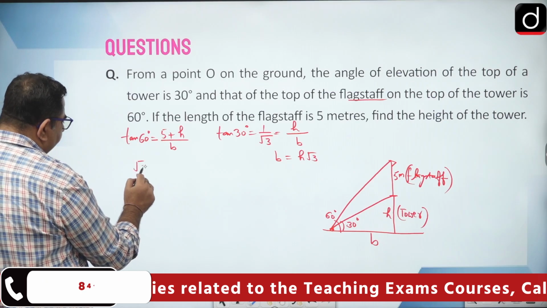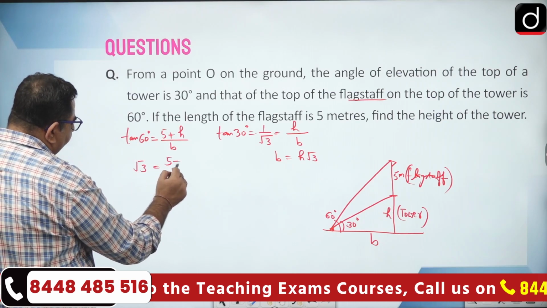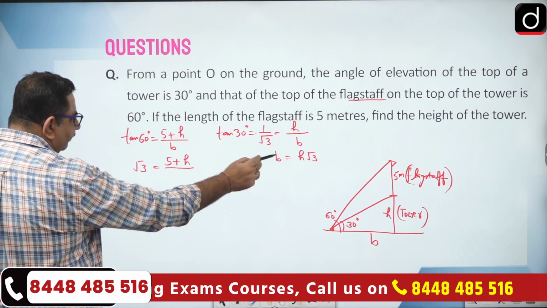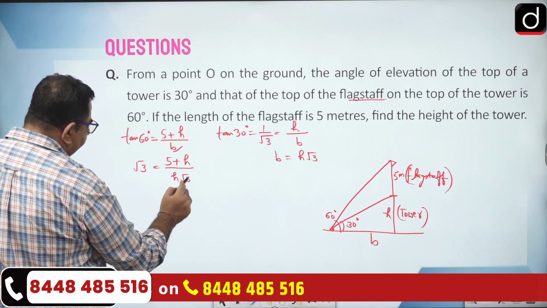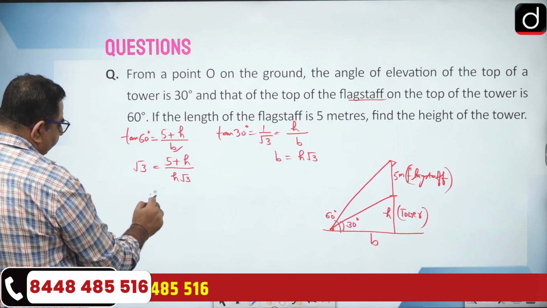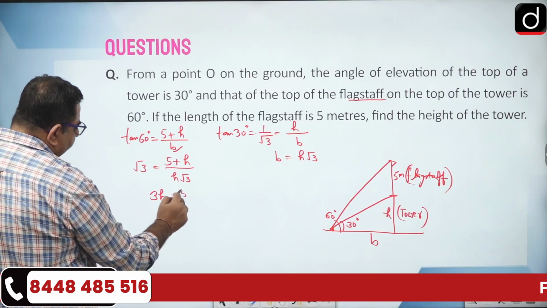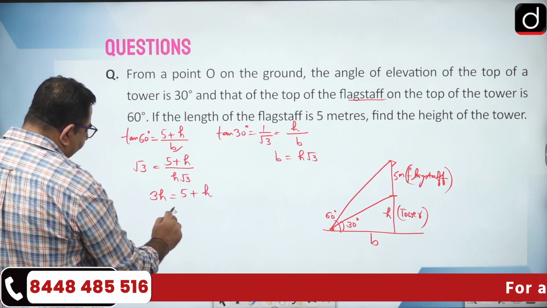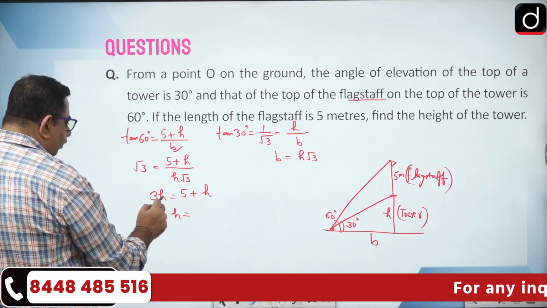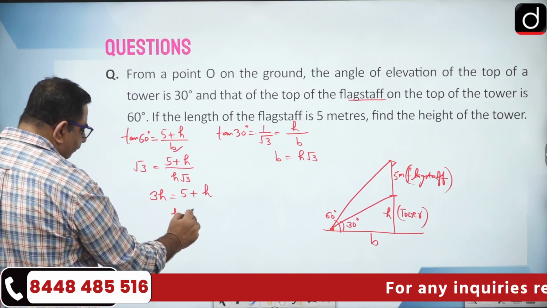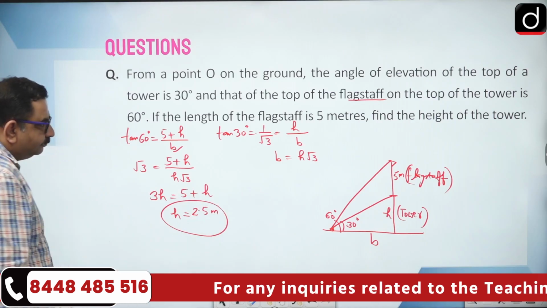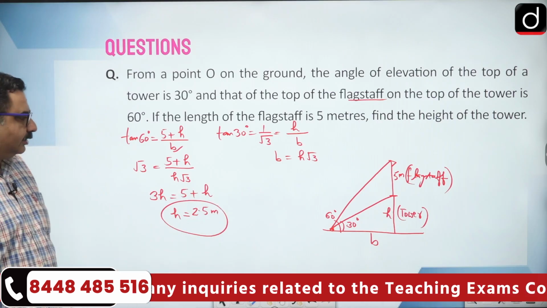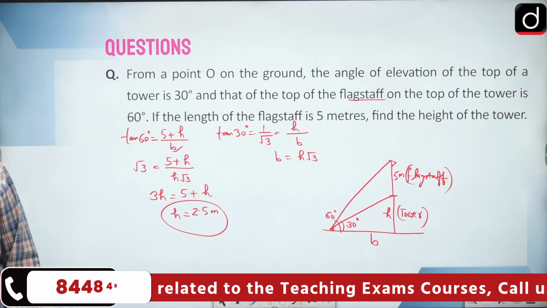So that is root 3 is equal to 5 plus h divided by, in place of b I can write h root 3. So h root 3 into root 3, that is 3h is equal to 5 plus h. So 2h is 5, h is 5 by 2, that is 2.5 meter. So height of the tower is 2.5 meters.